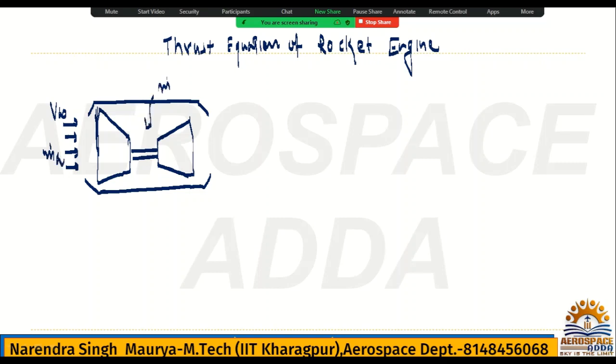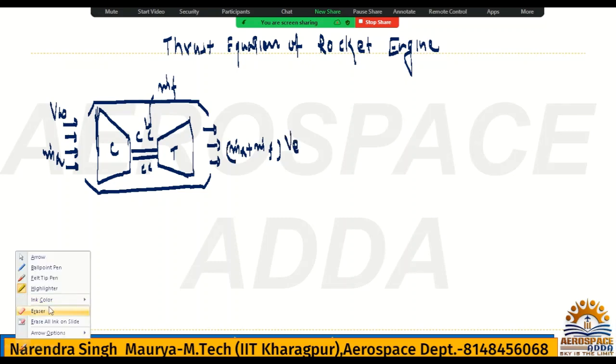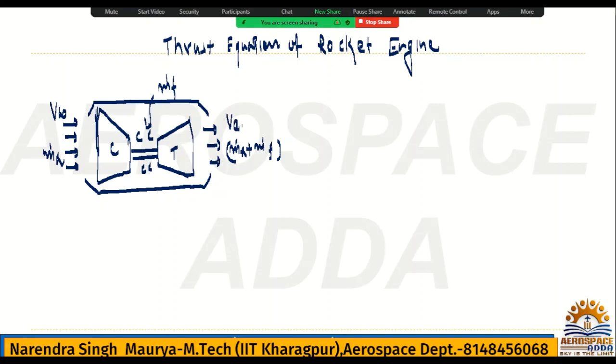This is the combustion chamber, so you have burned fuel here. This is the compressor, this is the turbine. And at the exit, it was m dot a plus m dot f, and V exit was the exit velocity, and exit pressure was PE. Here atmospheric pressure was P infinity.